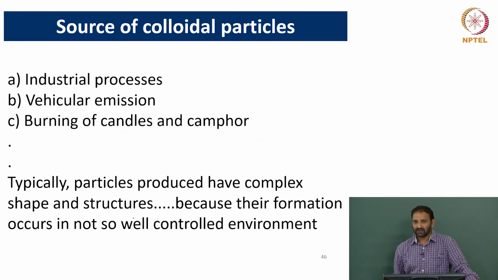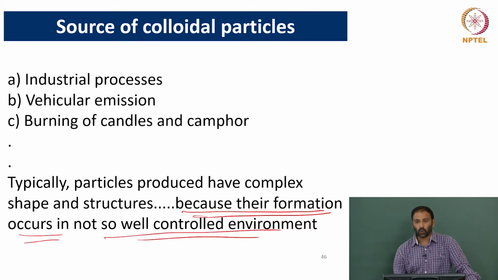That is because their formation occurs in a not so well controlled environment. When you burn a candle, you have oxygen, so essentially the environment around the burning process is not very well controlled. There could be fluctuations in temperature and stuff like that. That's what leads to the formation of such complex particles of different structure, sizes and shapes.